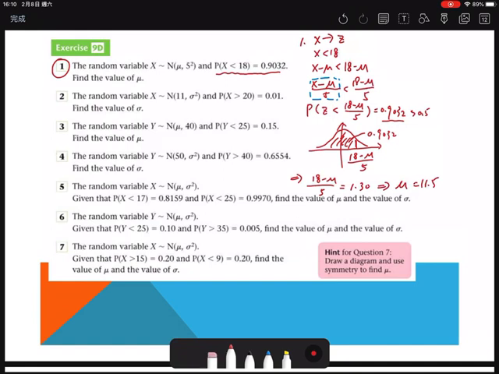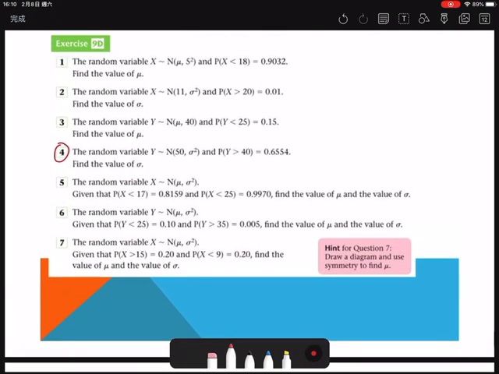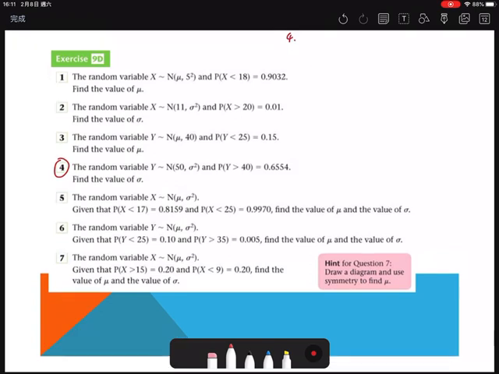And let's look at question 4. The random variable y is normally distributed with mean 50 and standard deviation sigma, and the probability when y is greater than 40 is 0.6554.